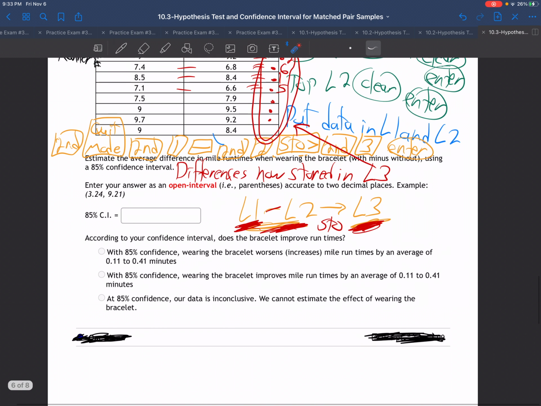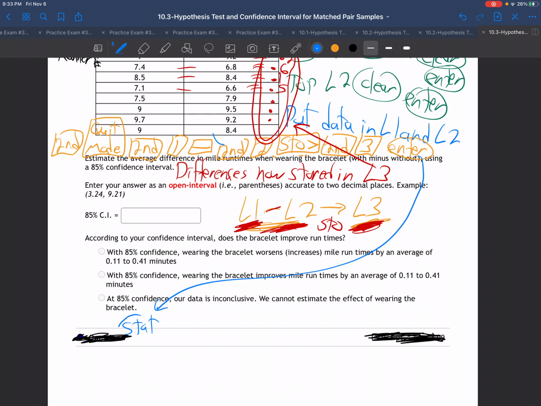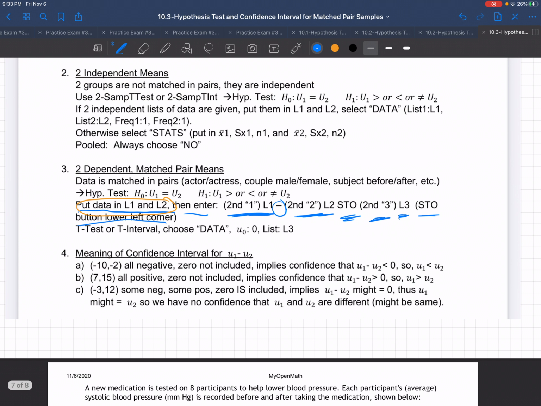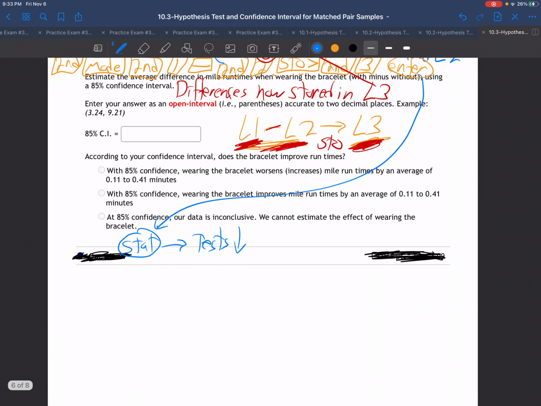So now, coming on down here, I'm going to choose stat. Go back to the stat menu like usual. Go over to tests and go down to, what did it say? T-test, right? I'm sorry, t-interval, because we're not doing a hypothesis test. We're doing a confidence interval.